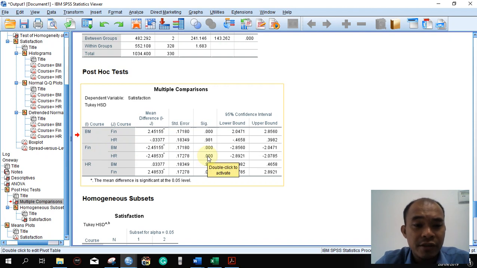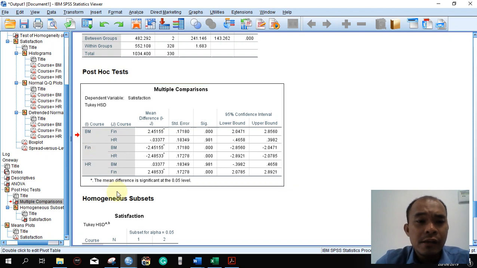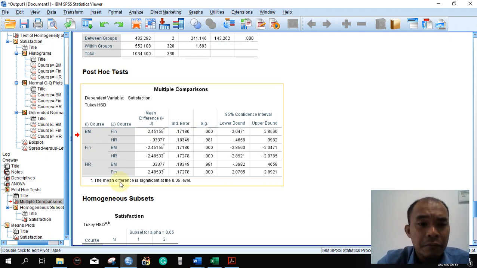So basically what the table is trying to say here is that the mean satisfaction level of the finance students significantly differs from the satisfaction level of BM and HR. So that's very, very important.